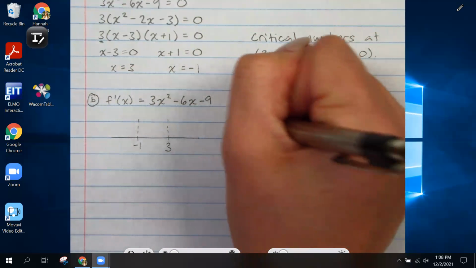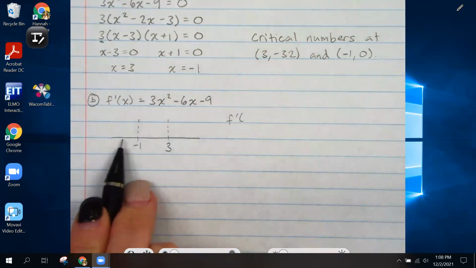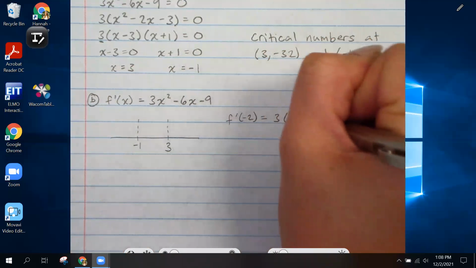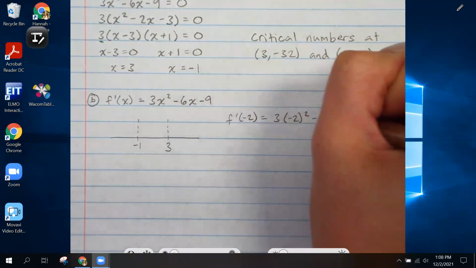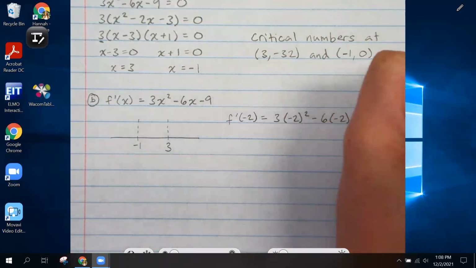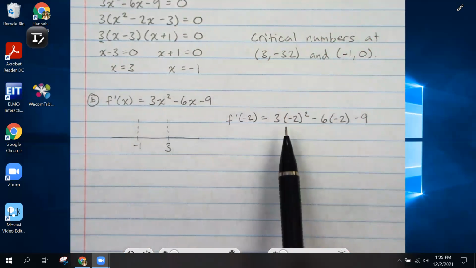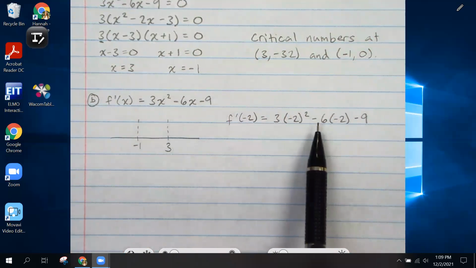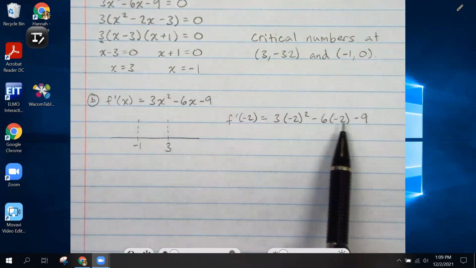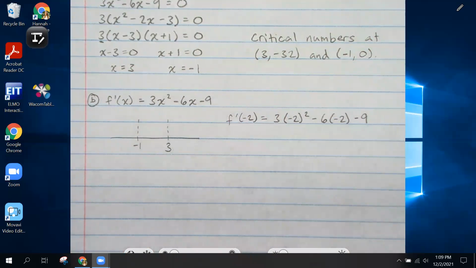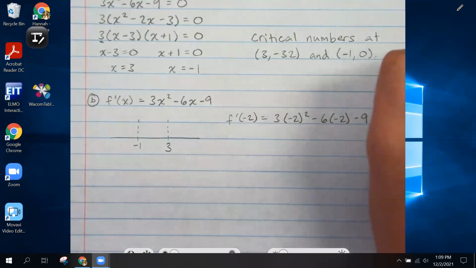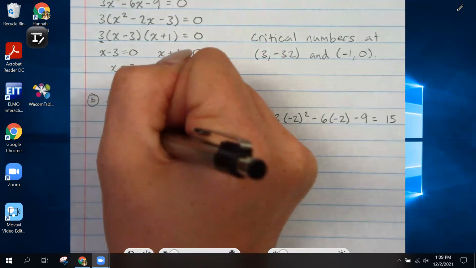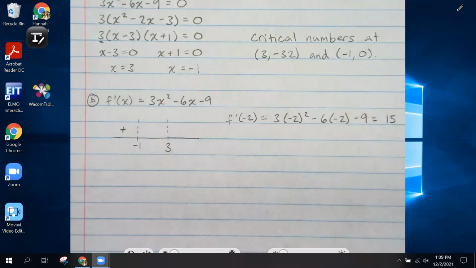So if we test, let's say negative 2 in the derivative, negative 2 squared is positive 4, then times 3 plus 12 minus 9 gives us 15, a positive 15, which you can do in your calculator. We get a positive there.